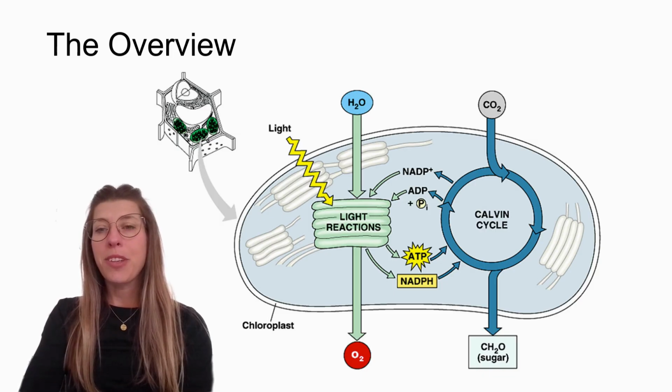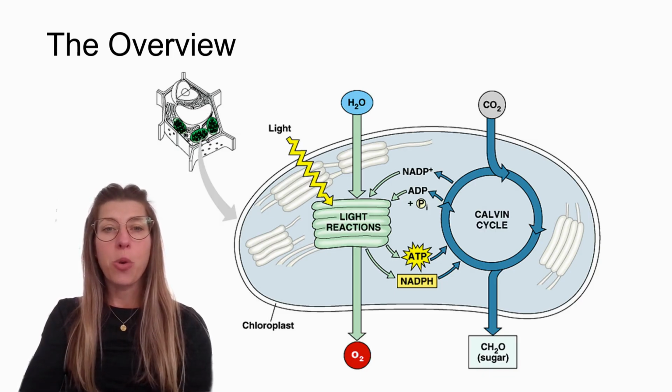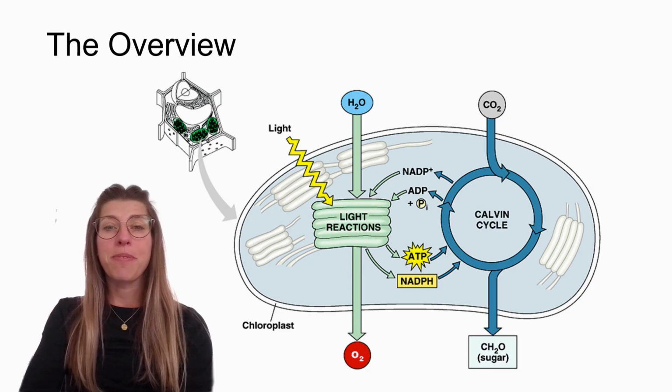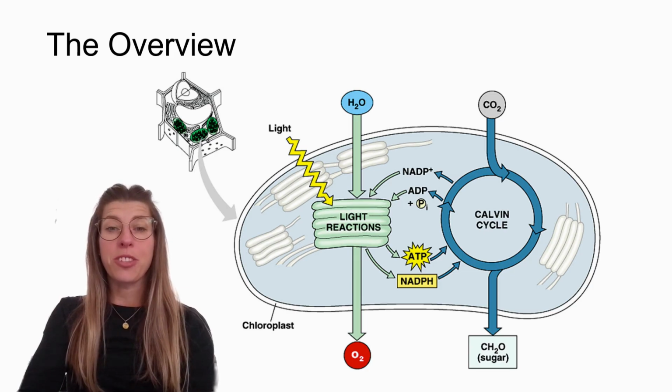And as a product of splitting, we see that O2 is being removed from the system. It's being released. Okay, so we see that happening in the light reactions. We see from the light reactions, ATP is going to be produced, which will be utilized in the Calvin cycle. We also see that NADPH, that high energy molecule for photosynthesis, will also be released as a result of the light reactions, which will be used in the Calvin cycle as well.